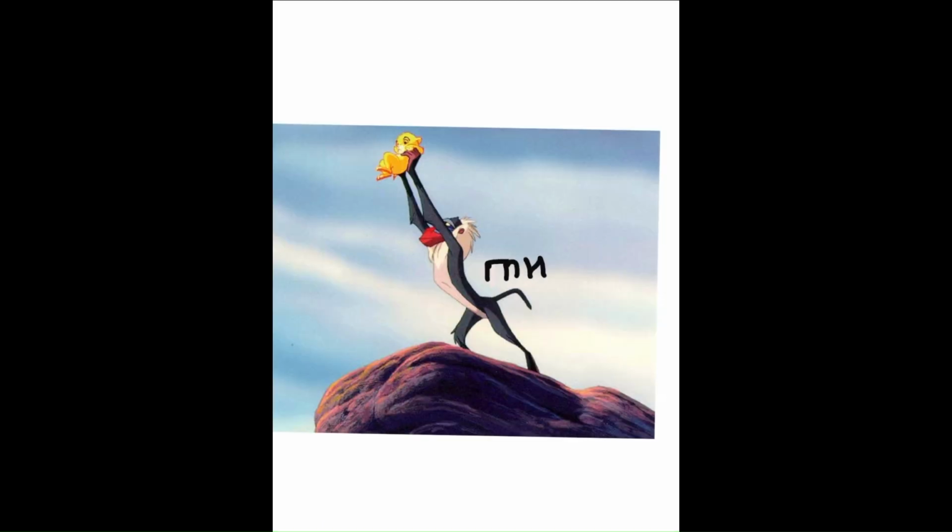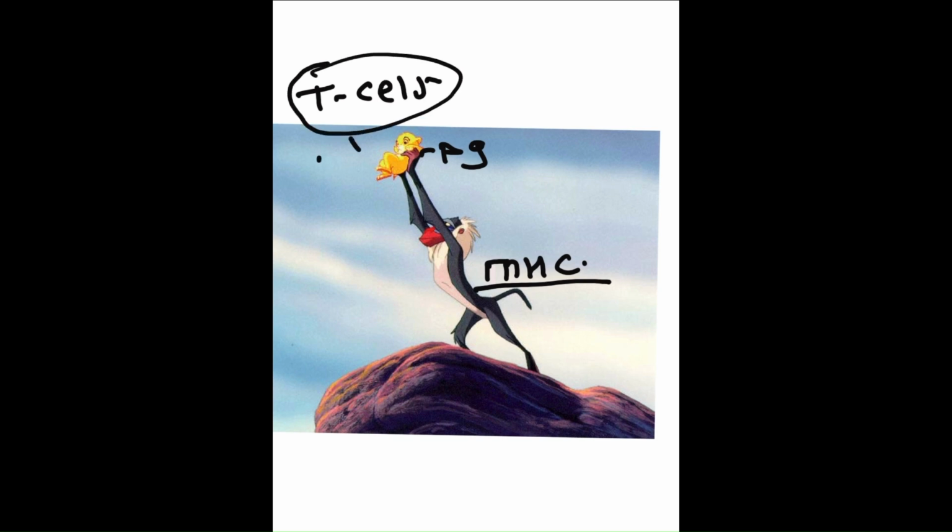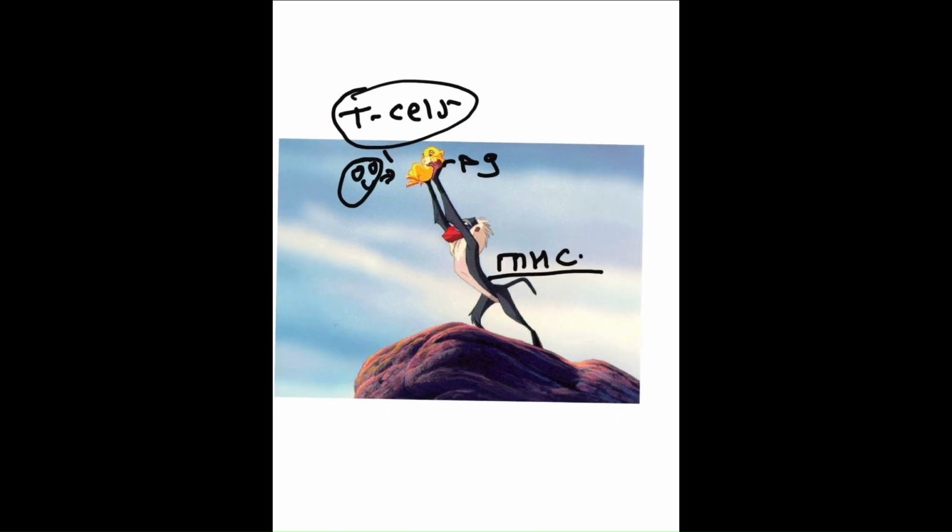So here is the image. Let's consider it is the MHC holding the antigen peptides, and the T cell will give a response by looking at them, by forming a complex or getting details about that antigen.